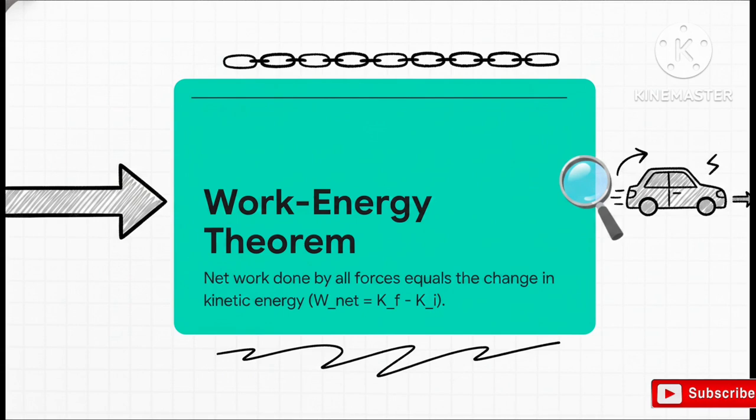Look at that core equation. W net equals Kf minus Ki. That just means the total cumulative work is exactly equal to the final kinetic energy minus the initial kinetic energy. It's the vital bridge connecting the physical forces applied to an object, like pushing a heavy box or slamming on your car brakes, to the literal change in its speed. It perfectly connects cause and effect.